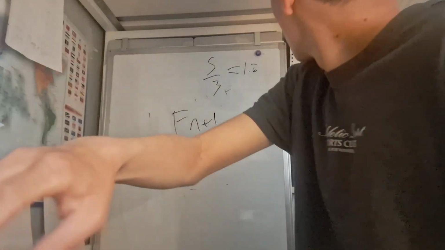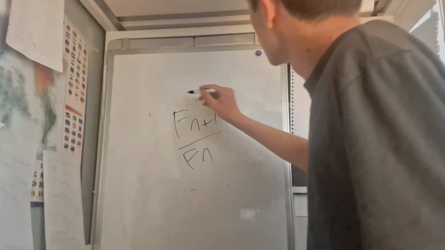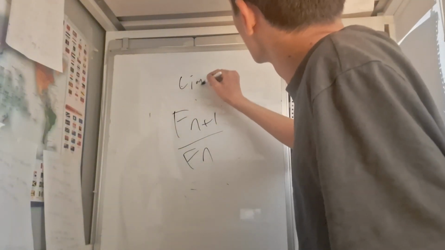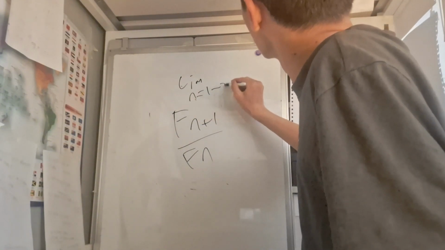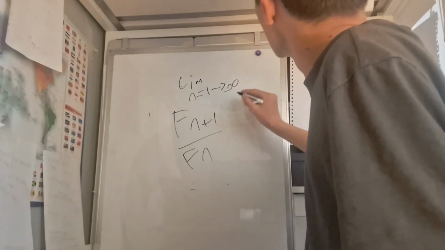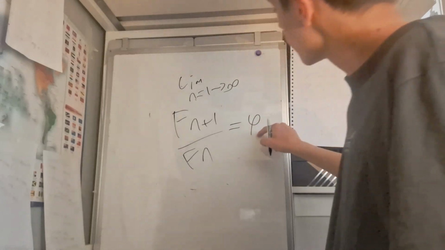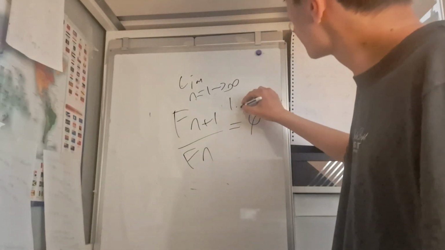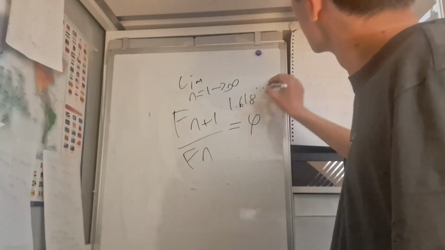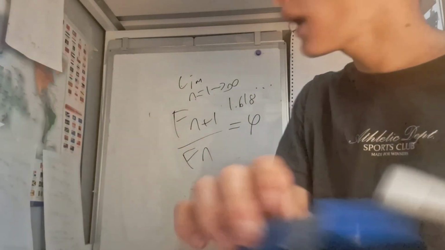It converges to a value as n goes to infinity. There are a few ways around it, but it's about this. And the value is 1.618 and so on, because like pi and Euler's number, it is irrational and continues on forever.